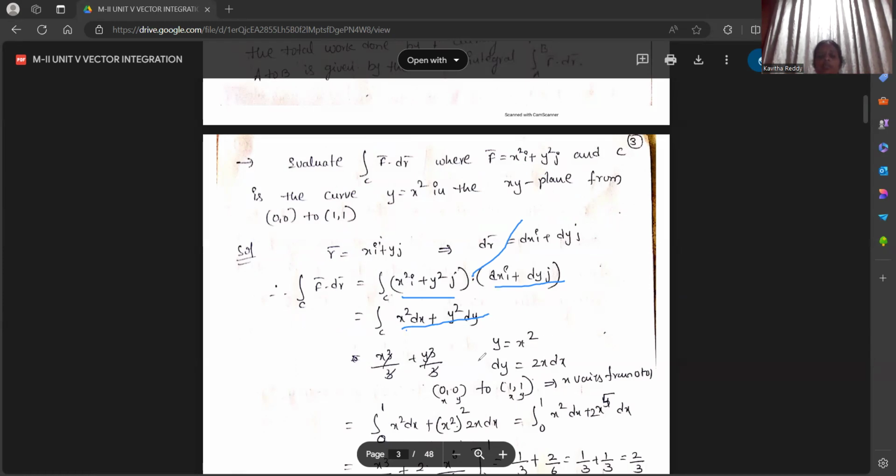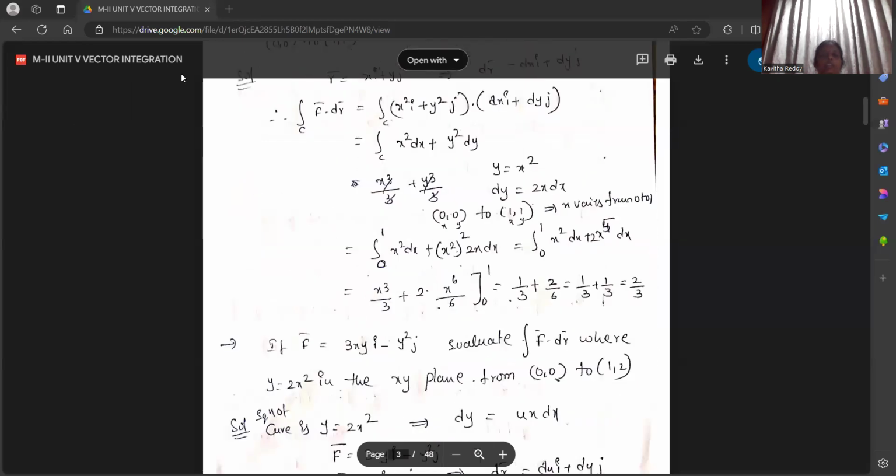Before going further, we have the condition of the curve: y equals x square in the xy plane. So we take y equals x square, dy equals 2x dx. If you want, you can take x equals root y also, and you'll get the same answer.